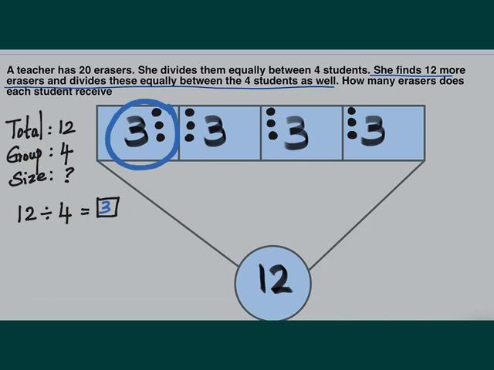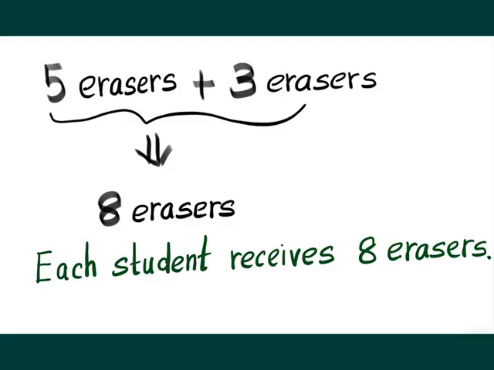Now, in the first part, each student got 5 erasers. In the second part of the problem, each student is getting 3 erasers. Now it is time to add both the numbers of erasers that each student got. So 5 erasers plus 3 erasers when added together will give 8 erasers.